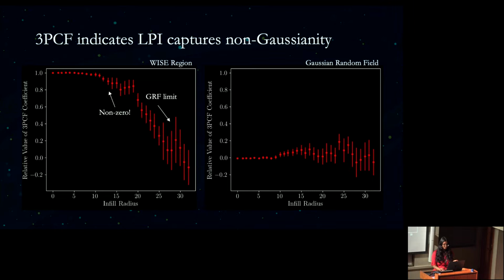And then as you infill more and more, you're moving beyond the scale of the filament, and so you approach the limit of the Gaussian random field. And so we see pretty similar results for the wavelet scattering transform as well, but I won't touch on it as much right now for the sake of time.